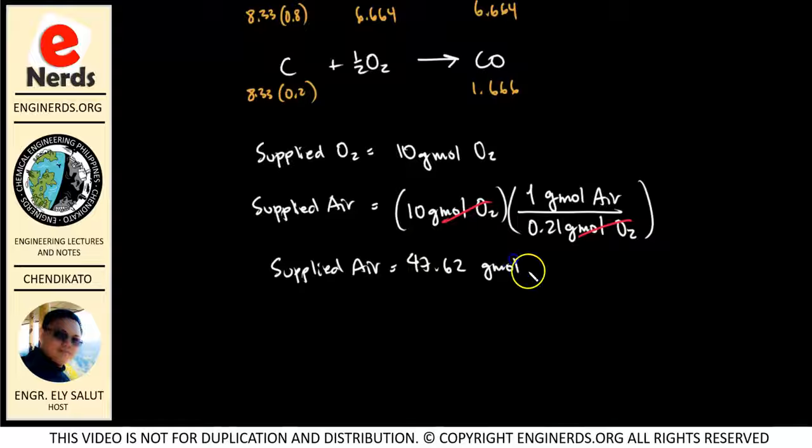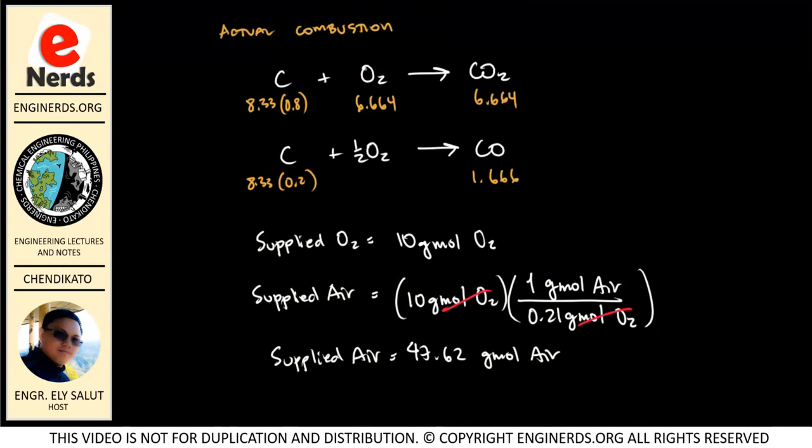gram mole ng air. Okay, so ngayon, nakuha na natin kung gaano karami sinupply natin na air. And gaano karami sinupply nating O2. So, nagsupply tayo ng 10 gram mole ng O2. Ang tanong, lahat ba yan nagamit? So, kailangan din pala nating makuha ito. Gaano karaming oxygen nagamit natin for carbon to convert it to CO, no?